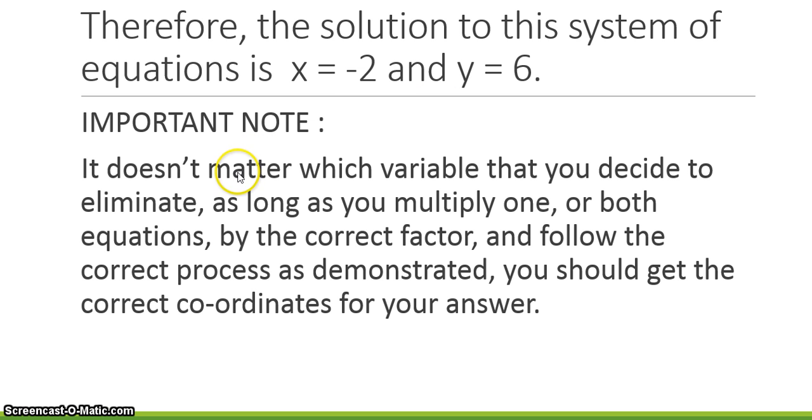So it doesn't matter which variable you decide to eliminate. As long as you multiply one or both equations by the correct factor and follow the correct processes I have just demonstrated, you should get the correct coordinates for your answer.